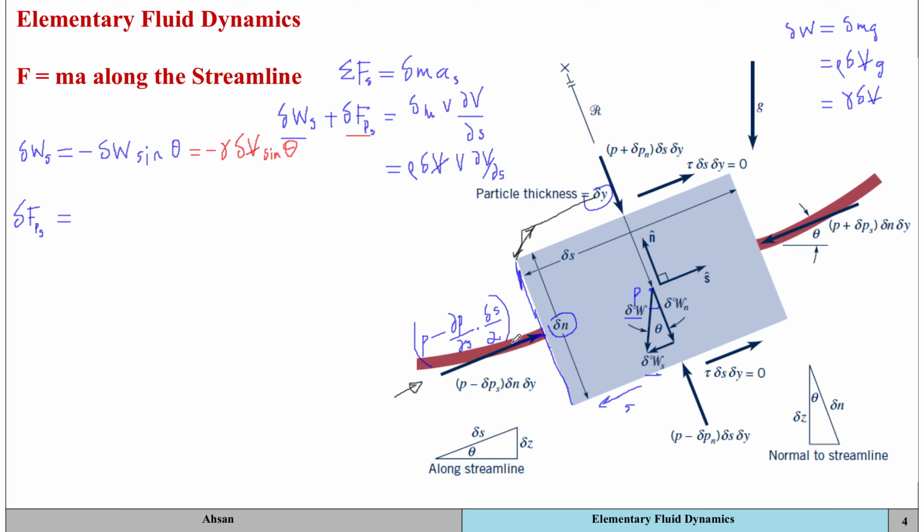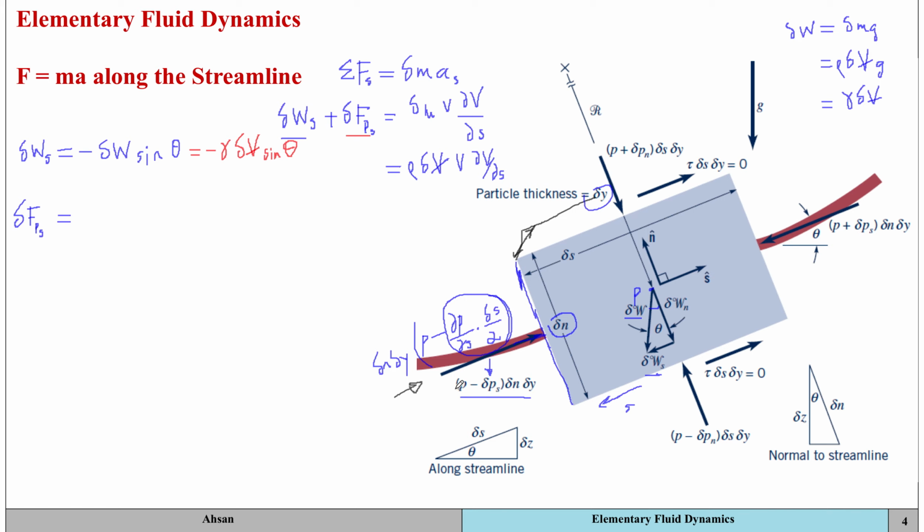So I multiply this by delta n into delta y. This is exactly what is written over here as well. The only difference is that this entire thing has been equated to the differential pressure force in the streamline direction.